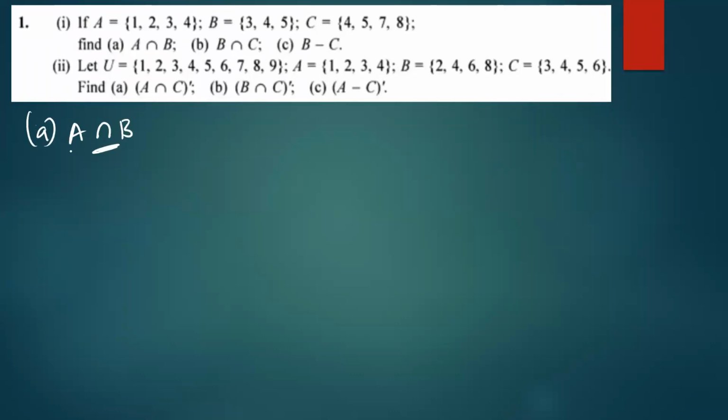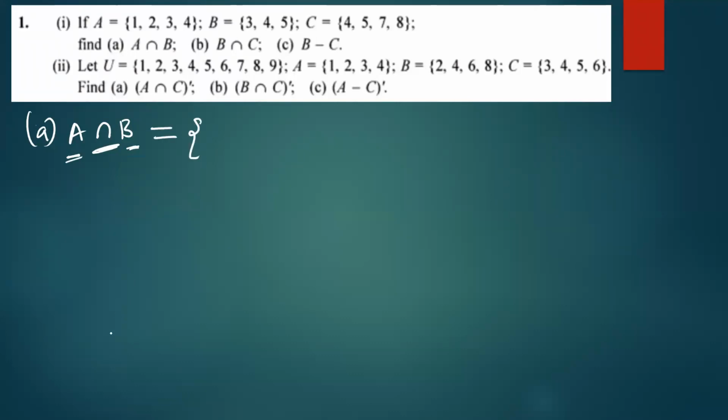In this case, we have set A and set B. We need to look for the common elements in A and B and put them in a set. Okay, so open the brackets.